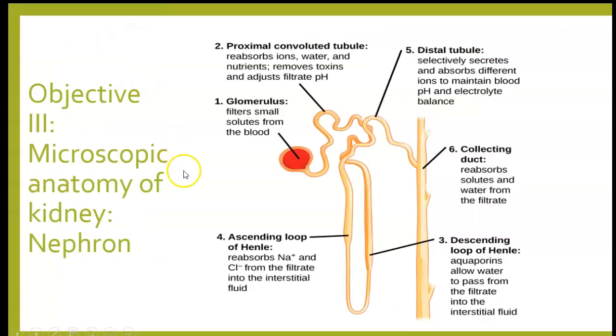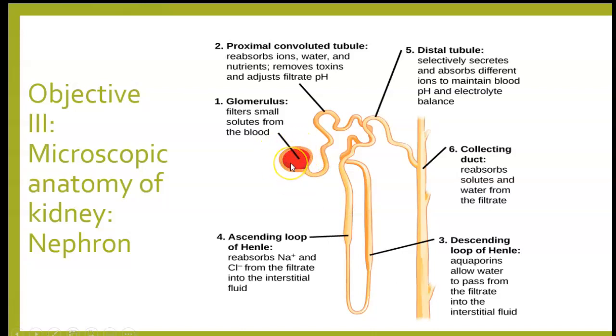Looking at the microscopic anatomy of a kidney, or specifically looking at the nephron, I'm going to label this according to how fluid and blood is going to transfer through this nephron, which is the functional unit of a kidney. We start here with the glomerulus.